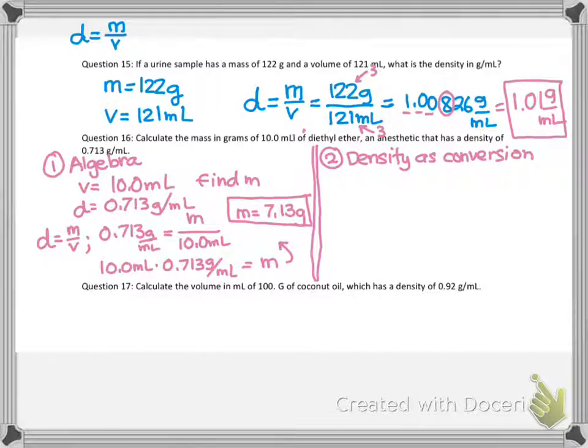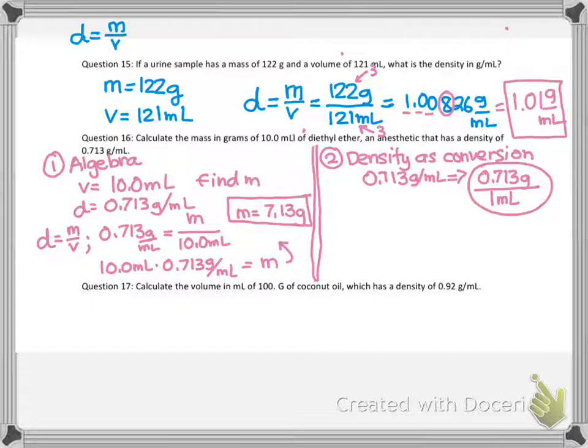Now I can also use density as a conversion factor. Density is always telling me how many grams I have in 1 milliliter. So they told me that I have 0.713 grams, and it's written like this in the problem, but what they're telling me is that I have 0.713 grams in 1 milliliter. That's what density is, just telling us how many grams per 1 milliliter. Now, if you look at this, that just looks like a conversion factor, right?